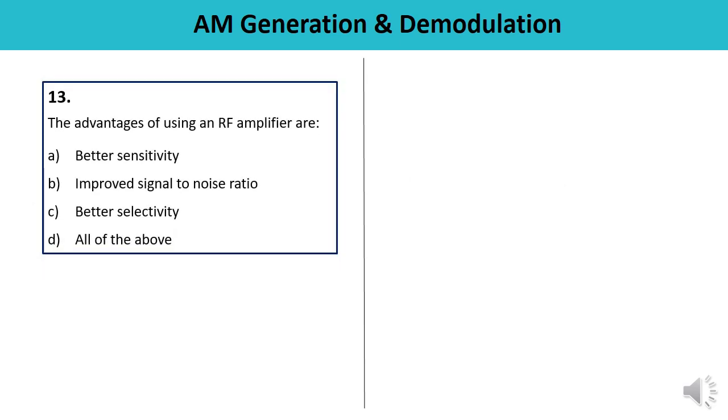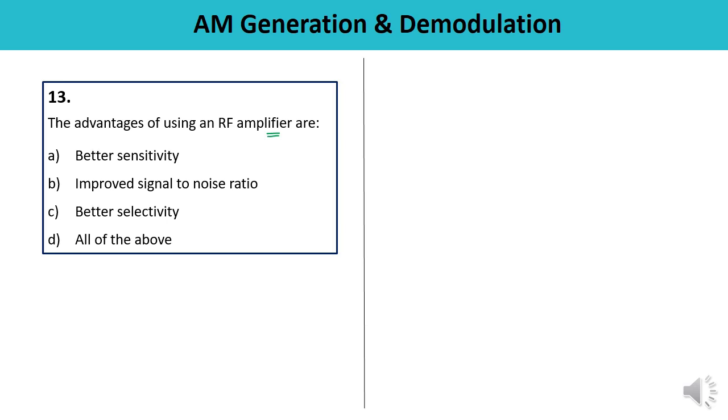Question number 13. The advantages of using RF amplifiers. What are the advantages? Why use RF amplifiers? Better sensitivity, improved signal to noise ratio, better selectivity, or all of the above.